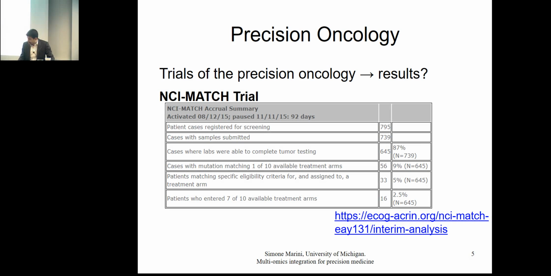This is another trial where we start with about 700 patients, but then when we look to find these known molecular aberrations that can trigger the precision oncology treatment, the number of patients that can have the treatment drops considerably. Now, why is this?